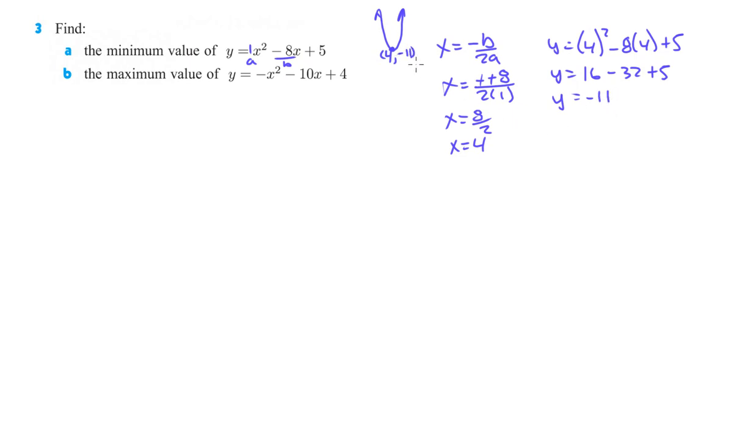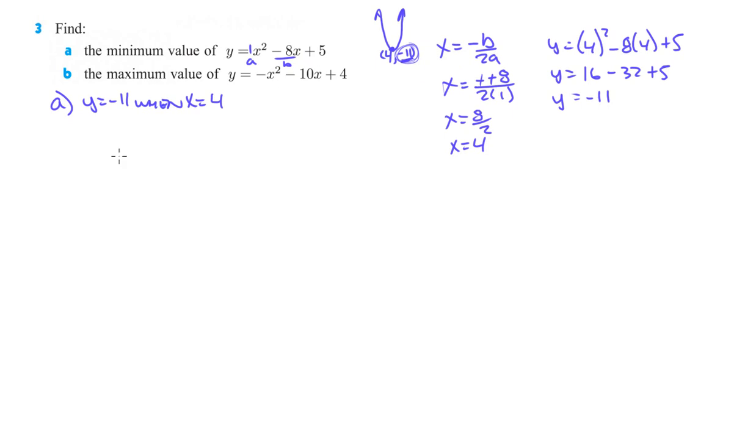So our minimum value is negative 11, and that's when x equals 4. So really the minimum value for a, where are we going to write this? Right here. Minimum value, y equals negative 11 when x is 4. Because really this is our minimum value, right? When we're talking about minimum value, that's our y.